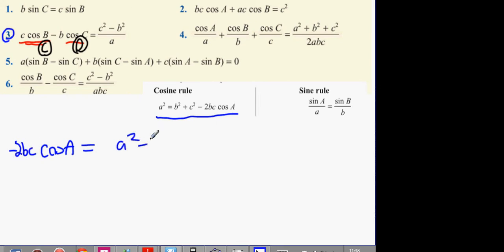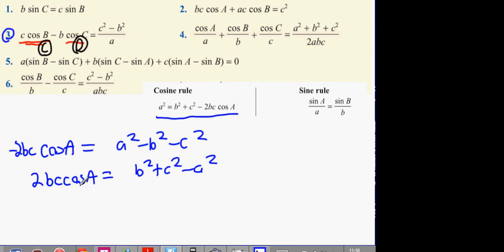A squared minus B squared minus C squared. Then I'm going to multiply by minus 1 on both sides. And then I'm going to get B squared plus C squared minus A squared. And then I'm going to divide by 2BC. Cos A equals B squared plus C squared minus A squared all over 2BC.